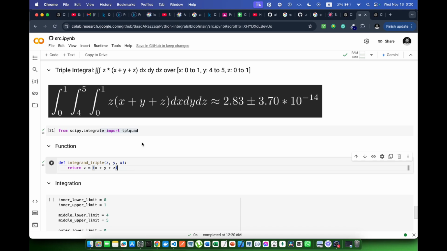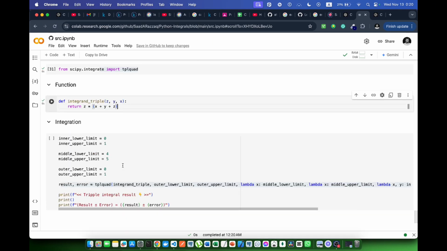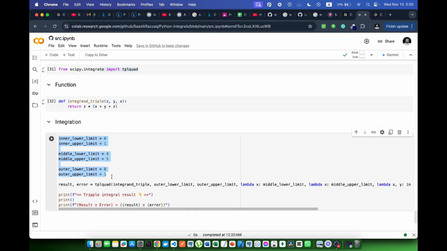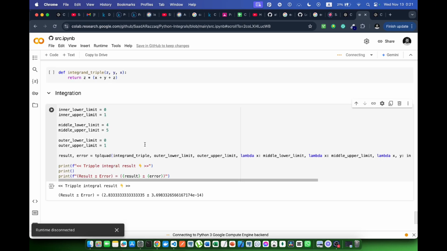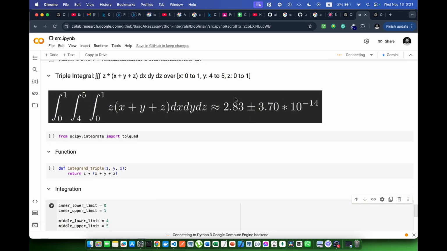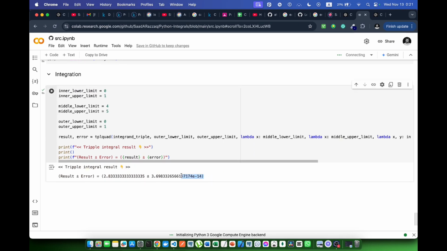This is simple multiplication. Now for integration, we have defined all 6 variables for inner, middle and outer, upper and lower limits. After that we just need to pass them. So yes, as you can see, we've got the result here, 2.83 plus minus 3.69. Yes, so this is the result.